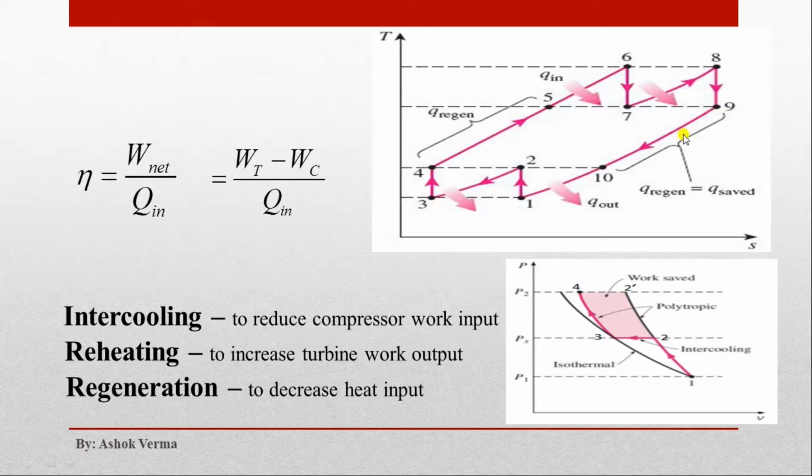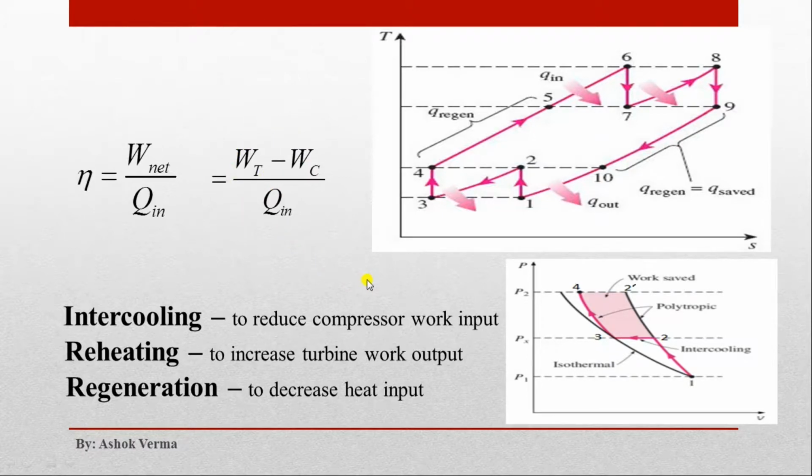If you utilize this heat which you are rejecting from 9 to 3 to increase the temperature at the compressor outlet, then you have to supply a lesser amount of heat than before. So you will get a decrease in the heat supply, and if the heat supply decreases, your efficiency will increase.